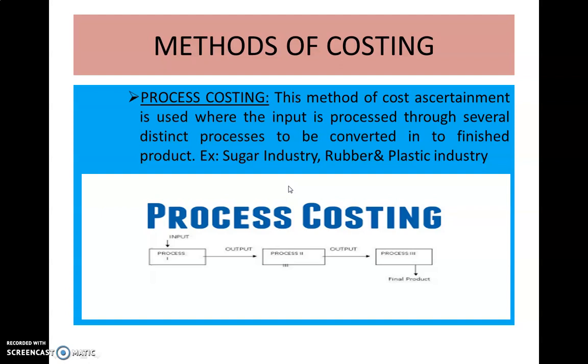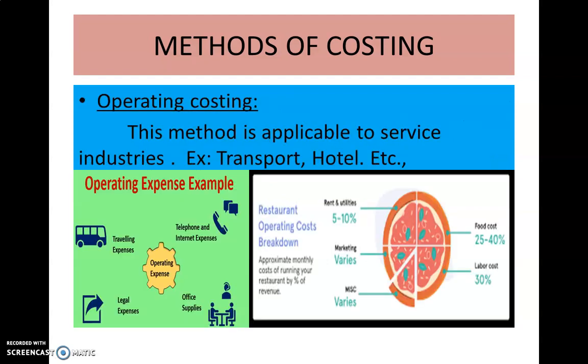The product under production yields by-products, and wastage may also occur at stages. This method also helps in accounting for the by-products and wastages. This type of cost accounting is suitable for industries like the sugar industry, rubber and plastic industry, chemicals, oil industry, cement. A number of industries are practicing this process costing.